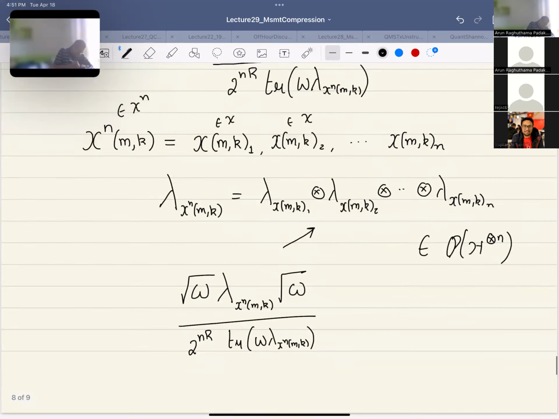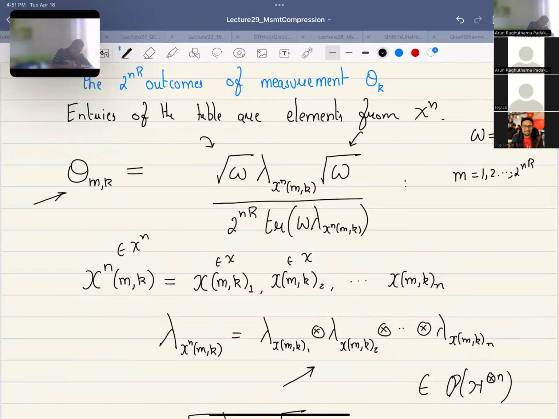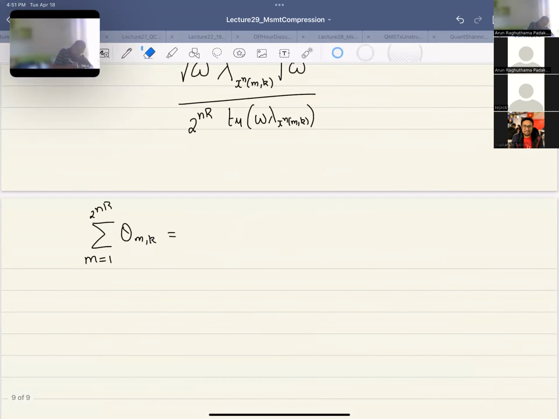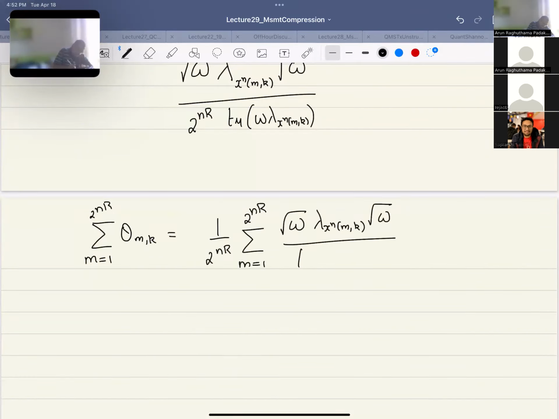So suppose this was theta mk, if I add all of them, what will I get? The sum over m equal to 1 to 2 power nr of theta mk gives me 1 by 2 power nr, summation m equal to 1 through capital 2 power nr, root omega, lambda xn of m comma k, root omega, divided by trace omega lambda xn of m comma k. This is what I get. This is not the identity.